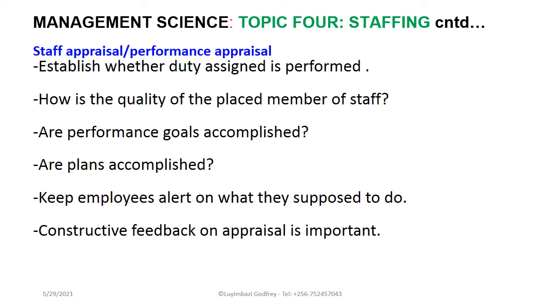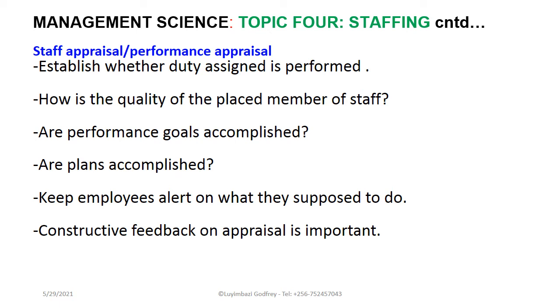Because it is quite necessary in the management of an organization to appraise the employees. And it's important that the employee perceives this appraisal as fair.